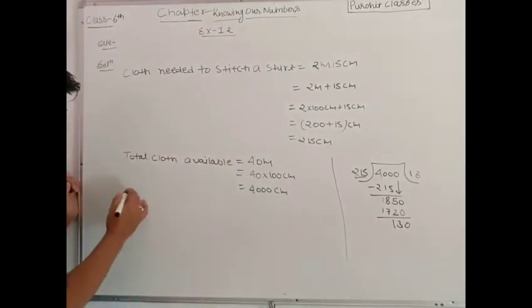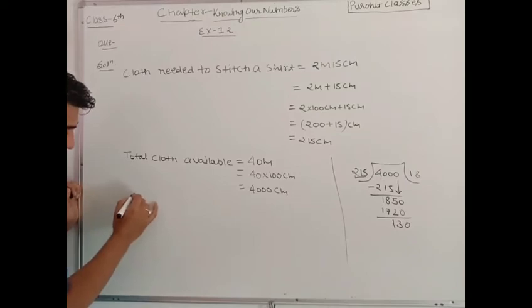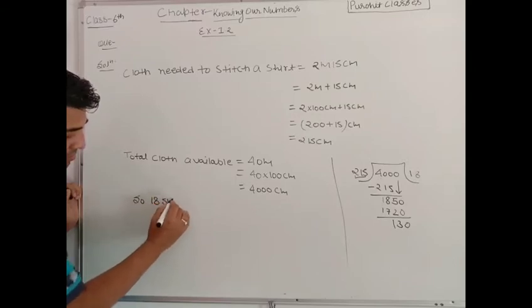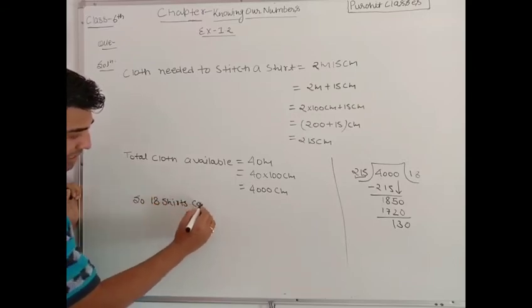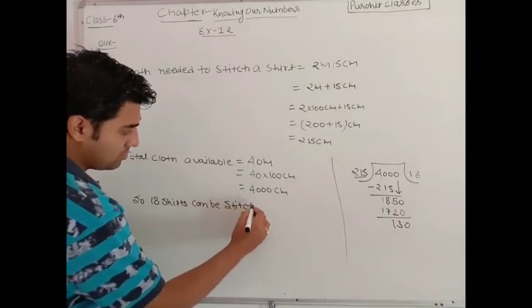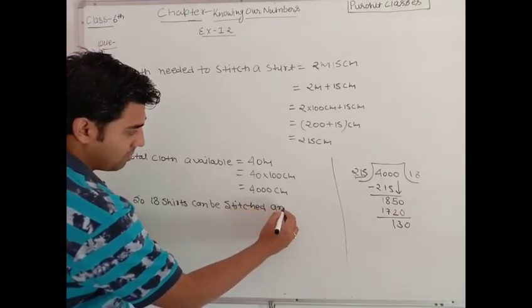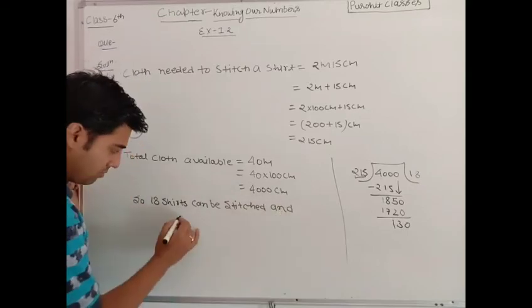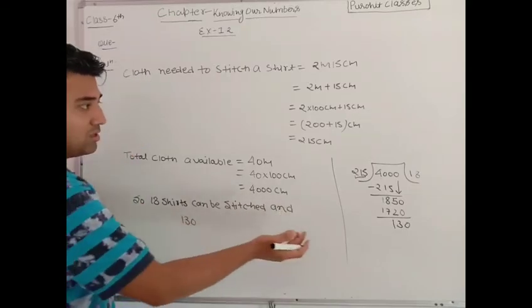So let us write. 18 shirts can be stitched, and 130, what was the unit we were using?